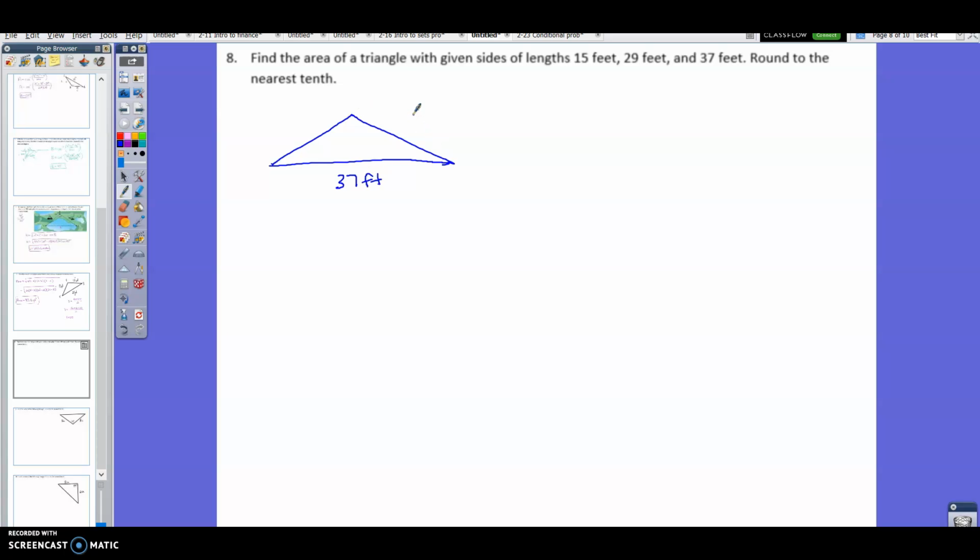This looks like the next largest. We'll call this 29 feet. And then we'll call this one 15. So all I did is draw the picture. And we can label it. So I'll just say that this is side A, side B, side C. If you labeled yours differently, that's okay.